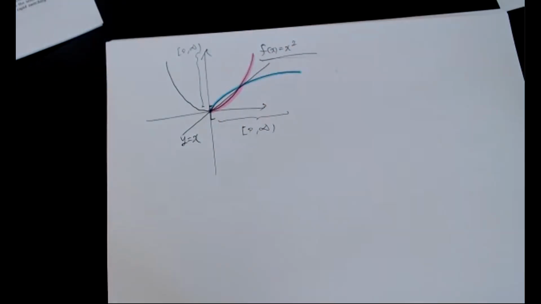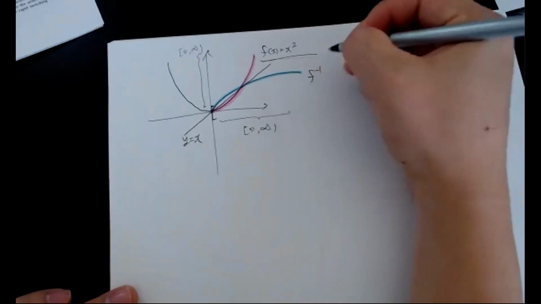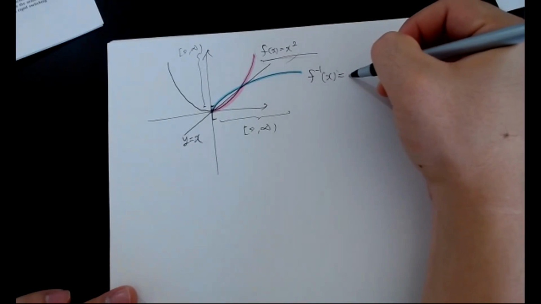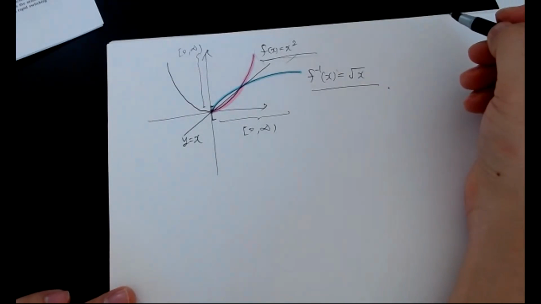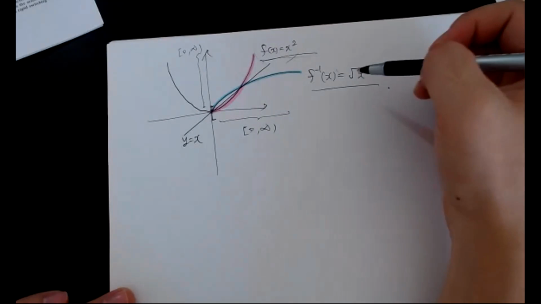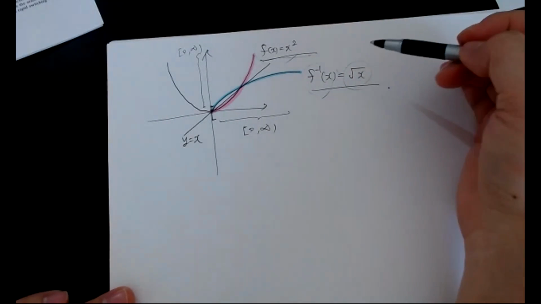So the two graphs are reflections about the line y equals x. So this is f inverse. The equation of f inverse of x squared is actually the square root of x. We're going to figure out why the equation of f inverse is square root of x next time.